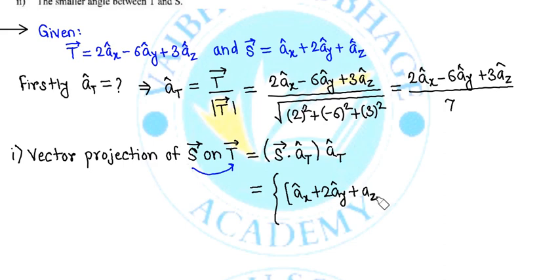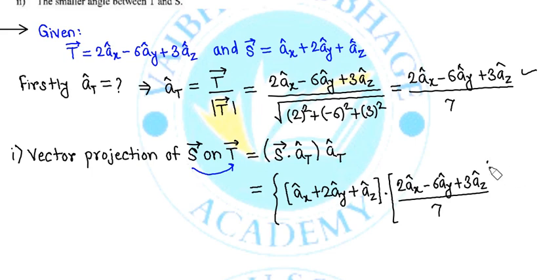Okay. Now having the dot product with respect to your unit vector along T. What is the unit vector that we have found over here? So we are going to place that value: 2ax cap minus 6ay cap plus 3az cap divided by 7.